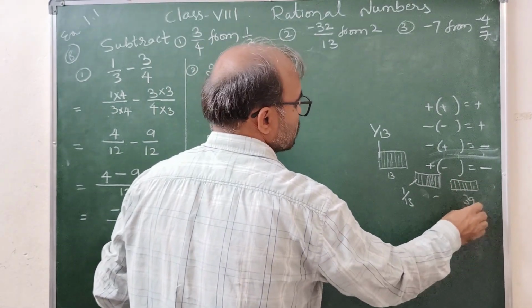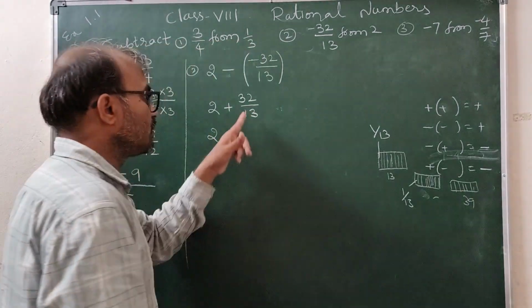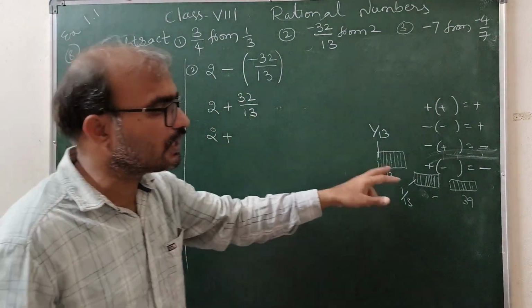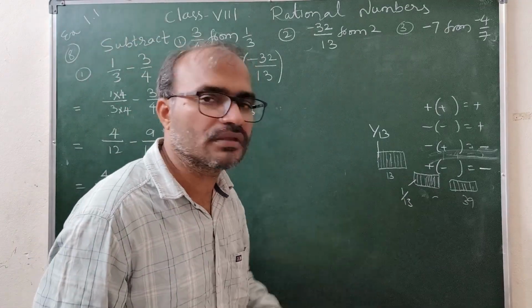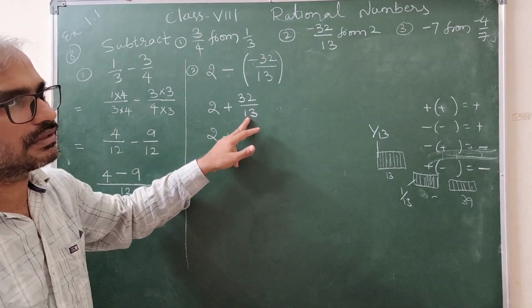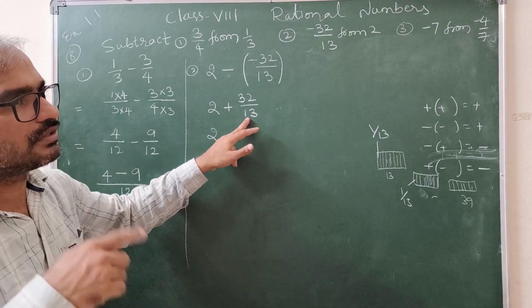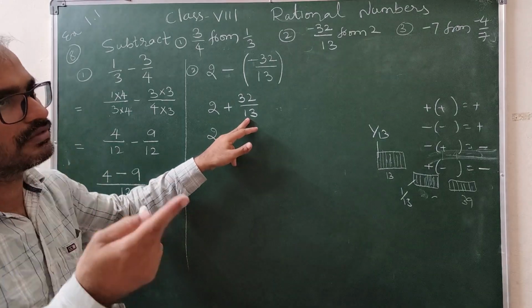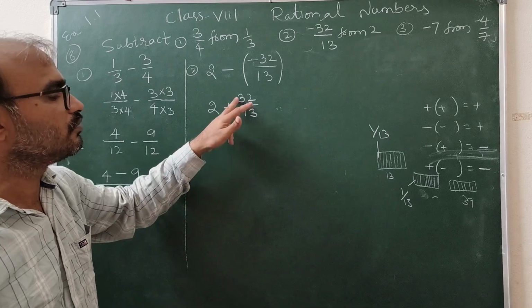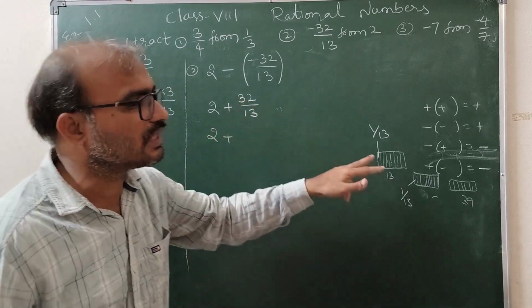But here 32 parts are there, means 32 by 13 is more than 2 but less than 3. You have to understand that. In one whole 13 parts, in two wholes 26 parts, in three wholes 39 parts, but there are 32 parts, so it is more than 2 but less than 3.